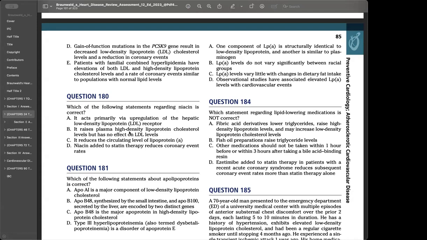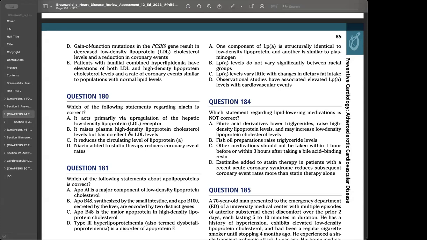And it said that you should avoid taking any other medication within 1 hour or within 1 to 6 hours after taking the medication. So this makes the answer false.